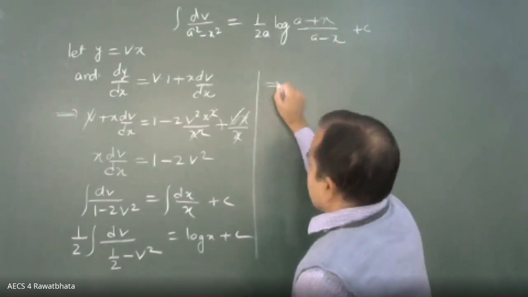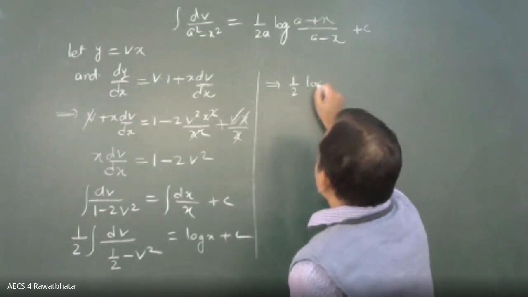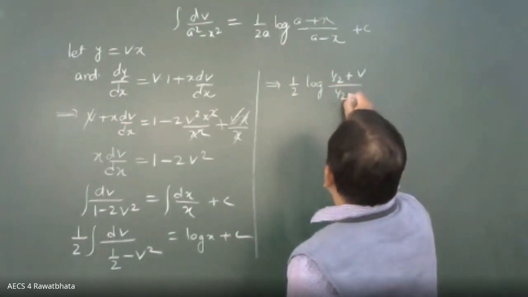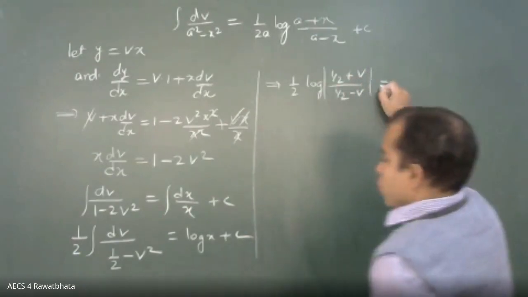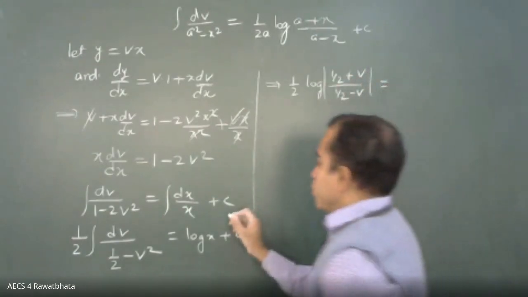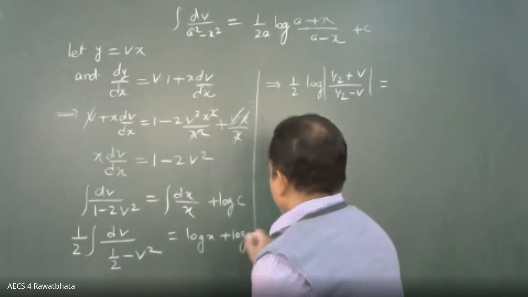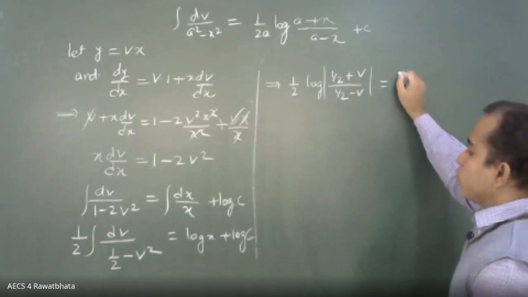So let us apply half log a plus x, half plus v upon half minus v equal to, and as previous question that when two log were there, constant also let us take in terms of log c equal to log cx.